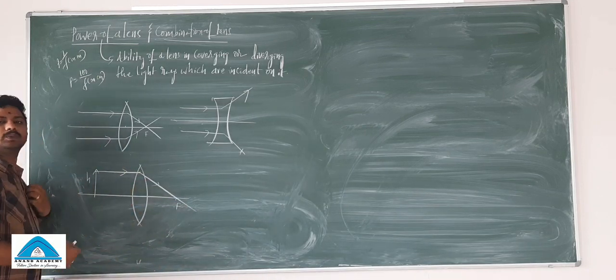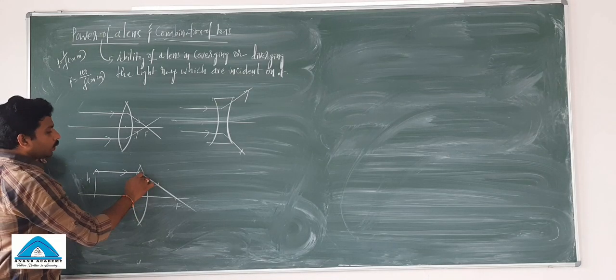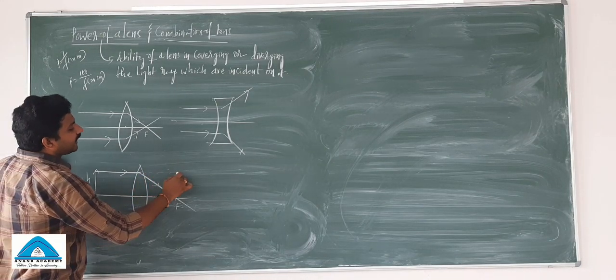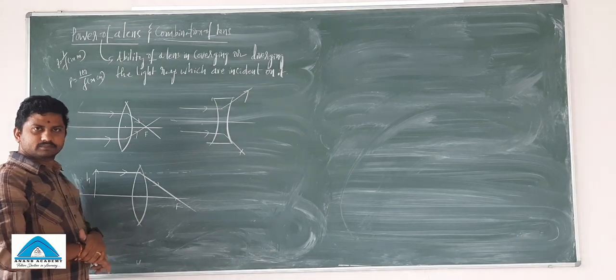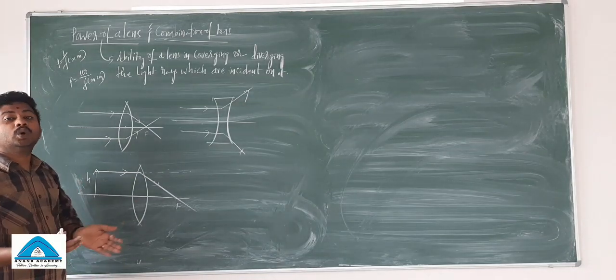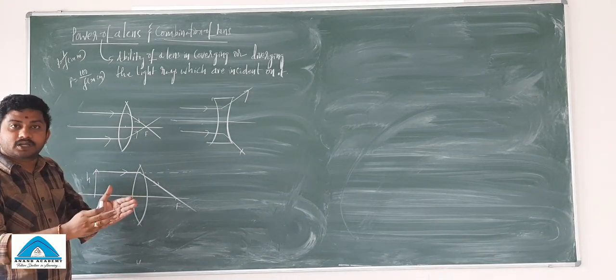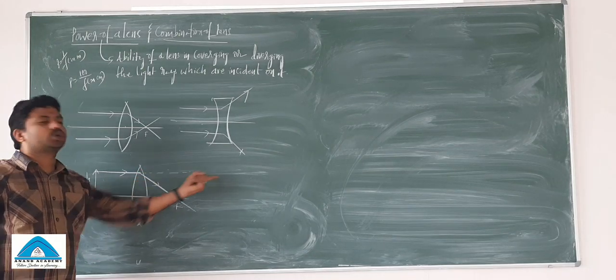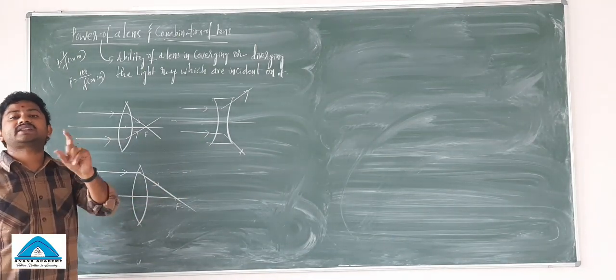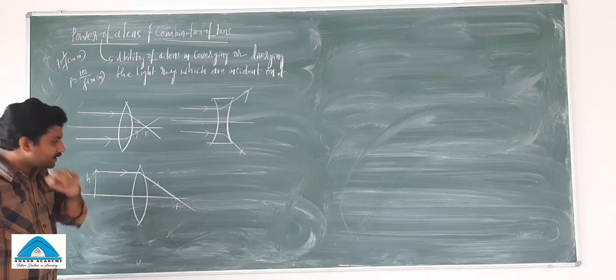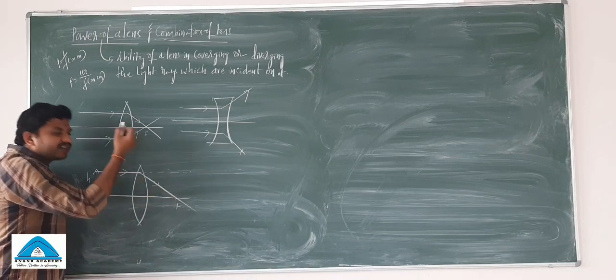Now the actual path of the light ray is this one. When no lens is kept, the light ray would go this way according to the rectilinear propagation of light. Now the final refracted ray is here.